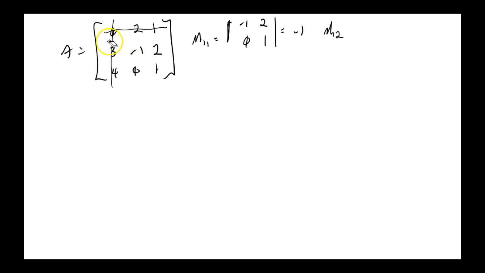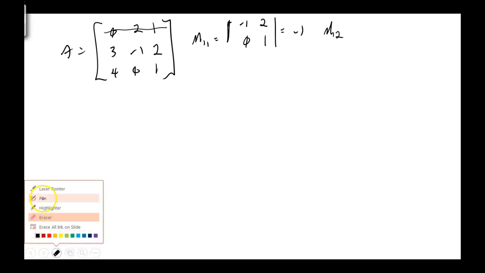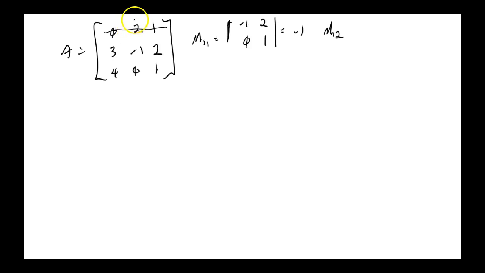And M12, okay? Now, if you don't need me to cross out, well, let's just go and do it for a while because people watching at home might need it. So we'll wipe out row 1 and column 2. What's the minor there?